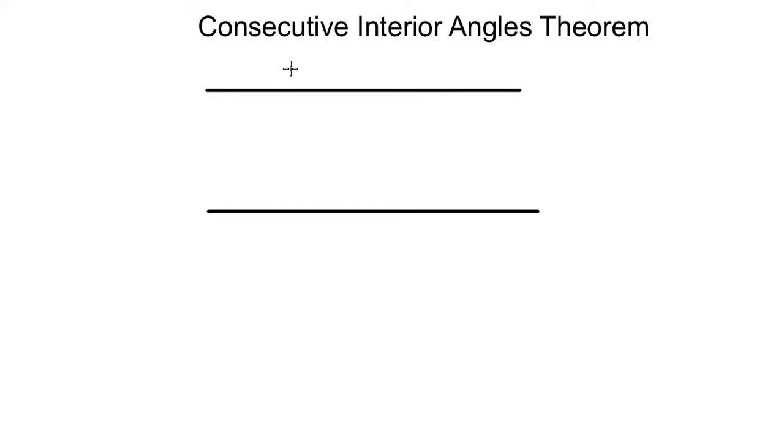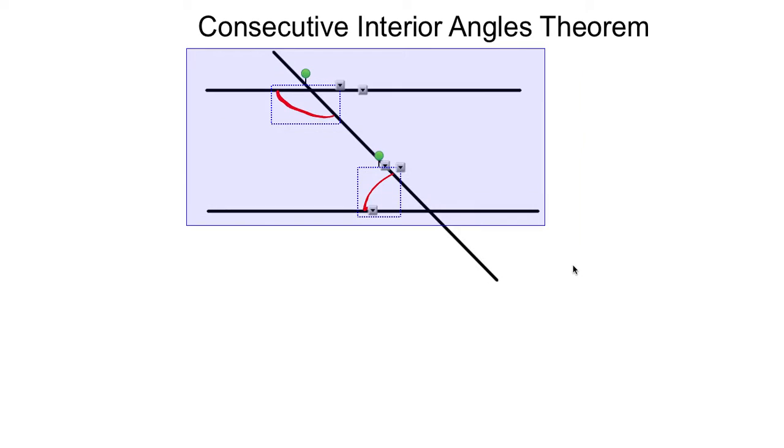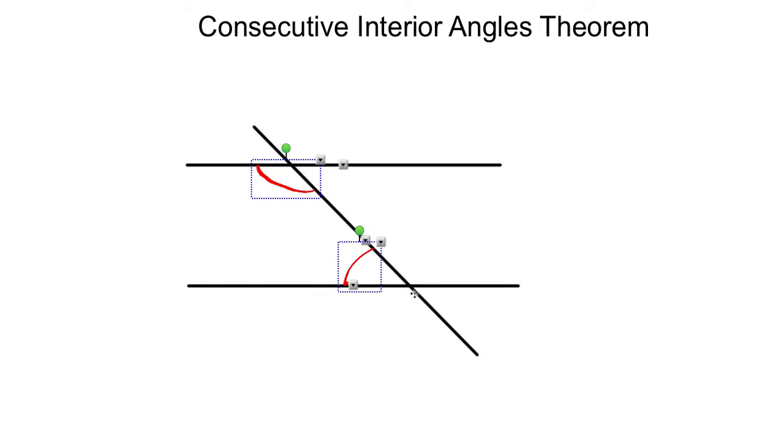What about consecutive interior angles? Want to take a guess? Well, consecutive interior angles, remember these are the ones that are same transversal but different lines. Do these look the same? They don't. So actually, let's measure these.